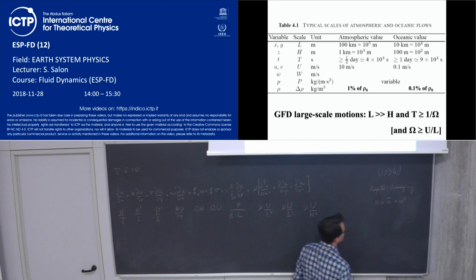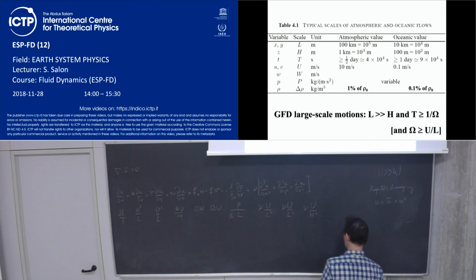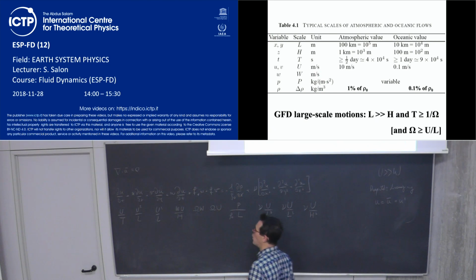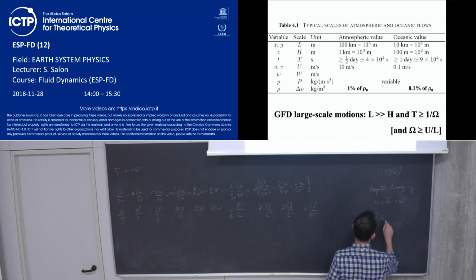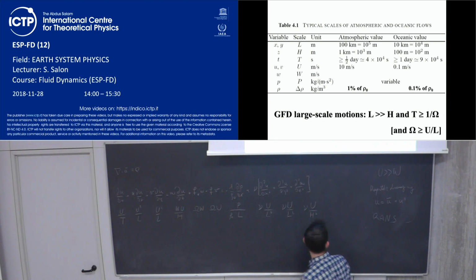The mathematical derivation of the Reynolds averaged Navier-Stokes equation, also called RANS, is very easy, not so difficult. You can follow it in the book. It is not part of the course, but it's important that you know about it.